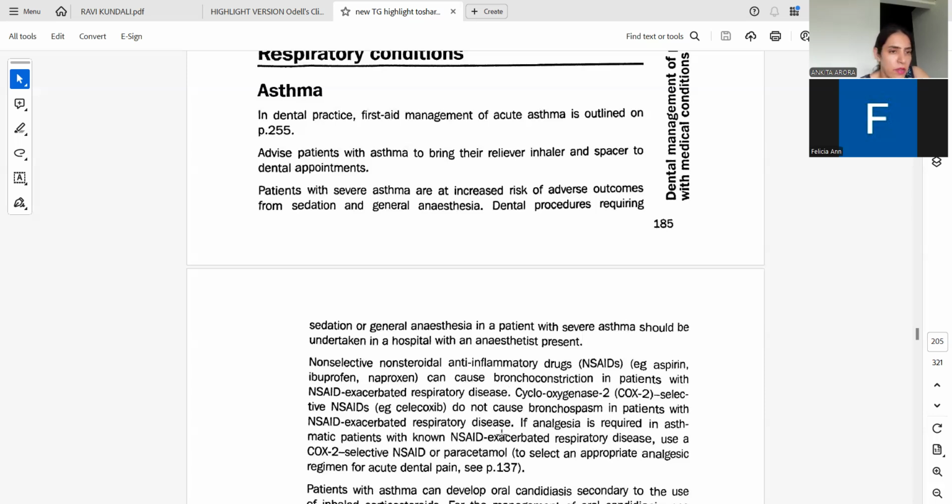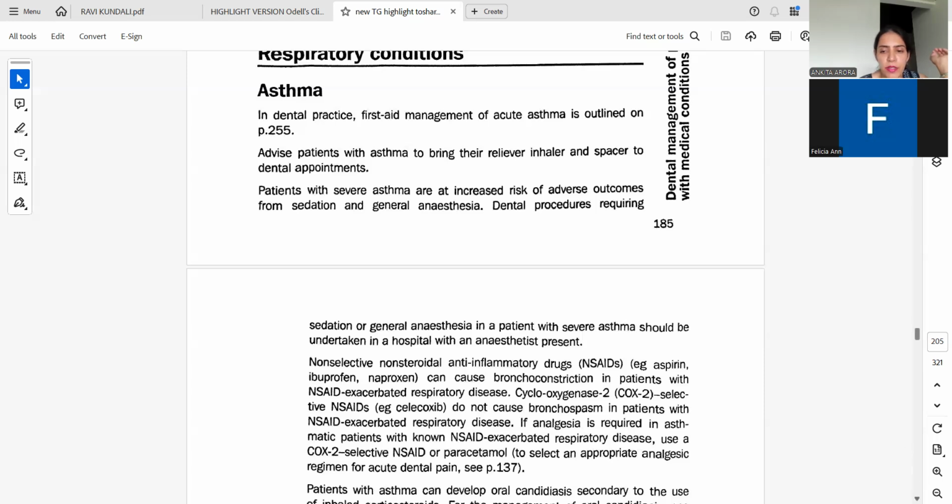So they can be given. Celecoxib can be given to asthmatics. If analgesia is required, in asthmatic patients with known NSAID exacerbated respiratory disease, those who know that they get respiratory disease exacerbated by NSAIDs, we can prescribe either COX-2 selective or paracetamol.